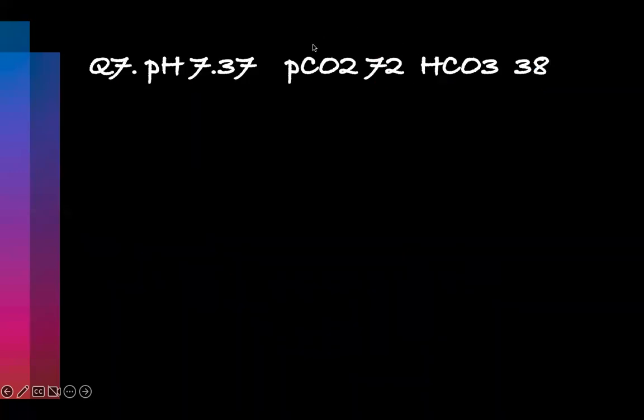7.4, you write your 7.4, you write your 40, and you write 24. This is still low. You see, this is why you can't use the 7.35, because this will tell you it's normal. In order to find what is the problem, this is still less than 7.4. So this is still an acidotic problem.